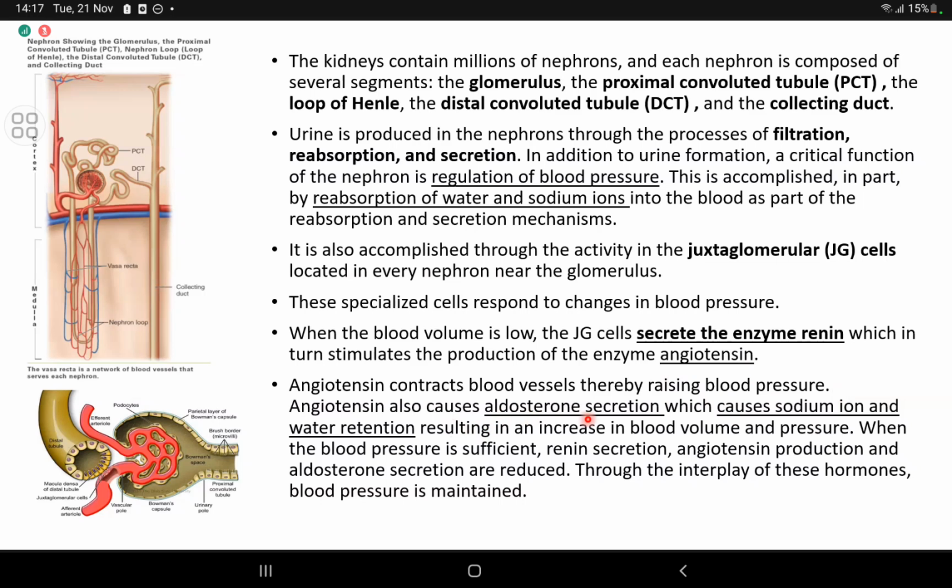Aldosterone causes sodium ion and water retention, meaning it reabsorbs sodium and water from your kidney. By doing so, your blood pressure will increase because the blood volume is increased. Okay, clear?